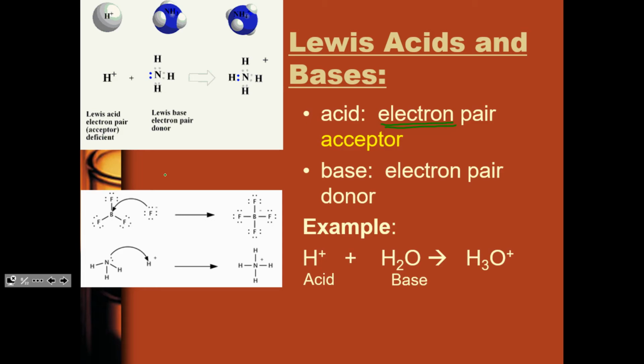H2O would be the base because it's going to donate a pair of electrons. AlCl3 plus Cl minus: AlCl3 is going to be the acid because it is going to accept an electron pair, and Cl minus is going to be the base because it is going to donate electrons.